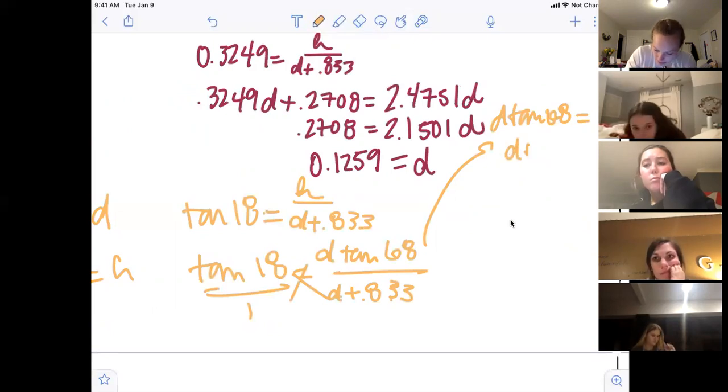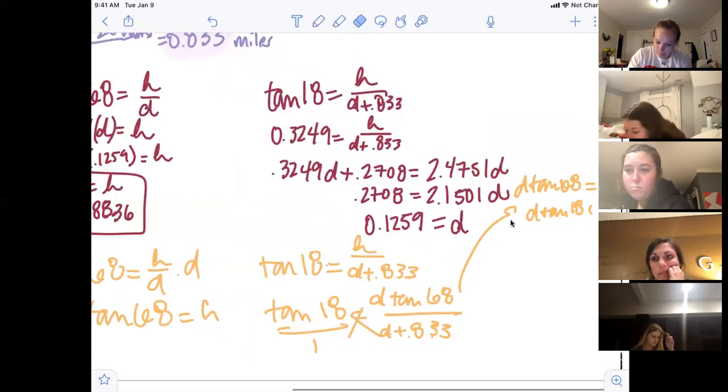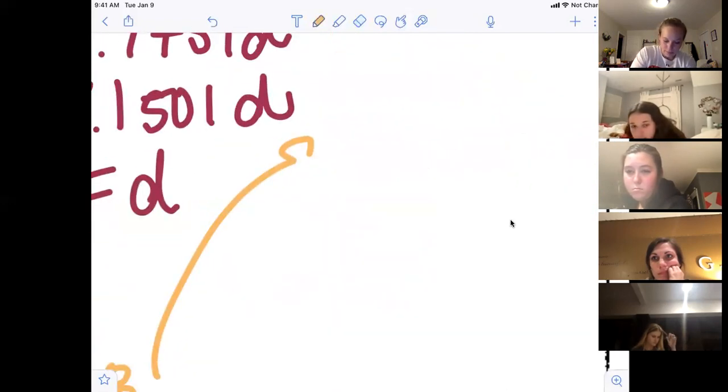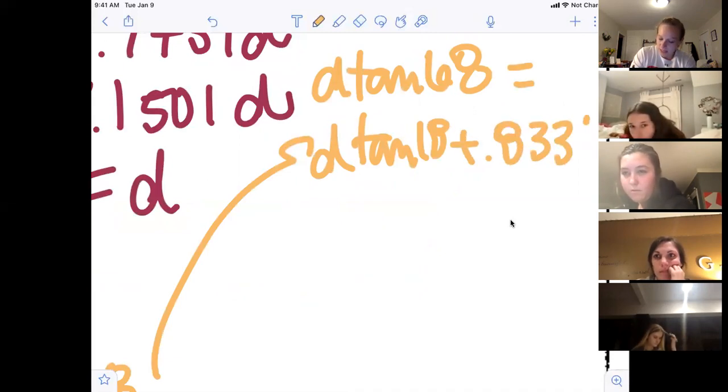So I've got D tan 18 plus tan 18 times D. I'm running out of room. I need to write much smaller. D tan 68 equals D tan of 18 plus 0.833 tan of 18. Pretend that says tan of 18.